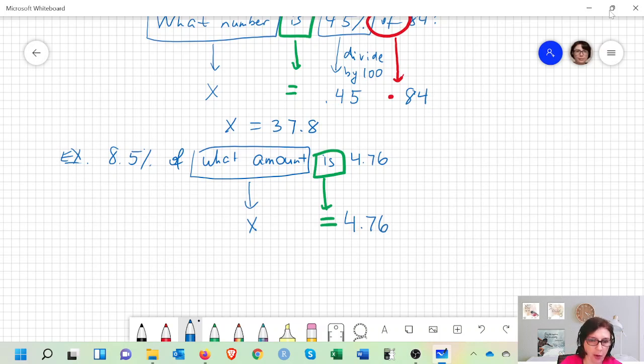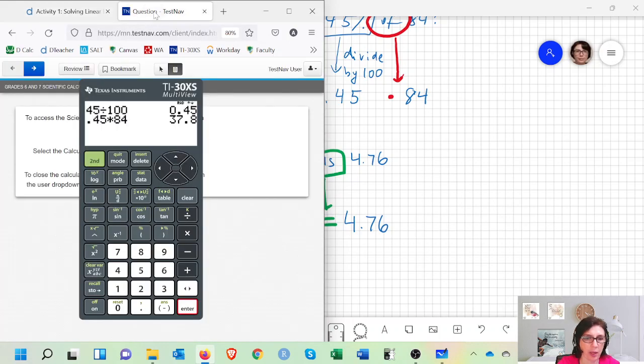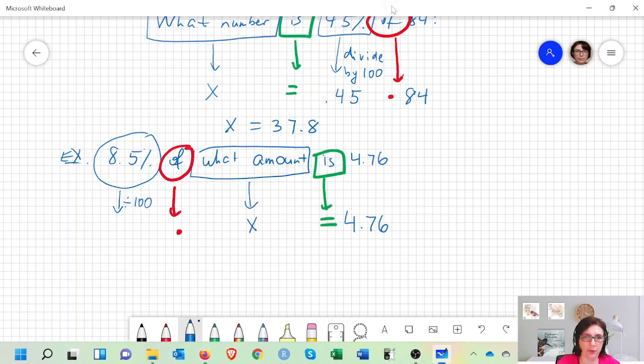Now, okay, how about the of? The of is times. And finally, the last one is what do we do with 8.5%? We can't keep it as a percent. We have to divide by 100 here. So 8.5 divided by 100 is 0.085.